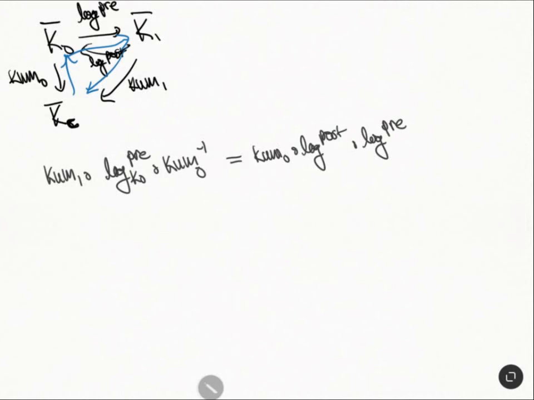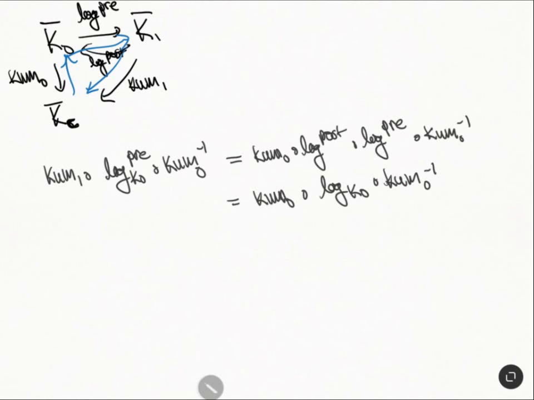These two have the appropriate domain and codomain, Kummer 0 inverse. And so when you do log post and log pre, this is Kummer 0 composed with log K0 composed with Kummer 0 inverse.